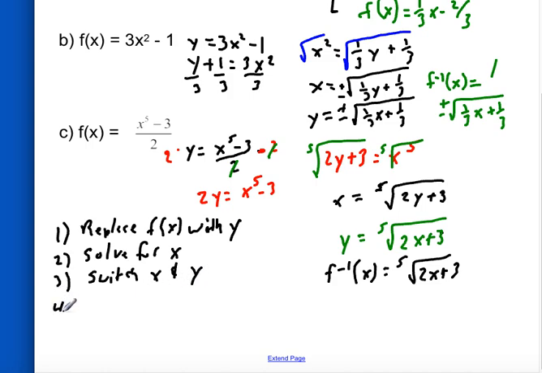And then the fourth step, you want to replace y with the inverse notation, inverse of f of x. All right, so that's the way you want to do those.